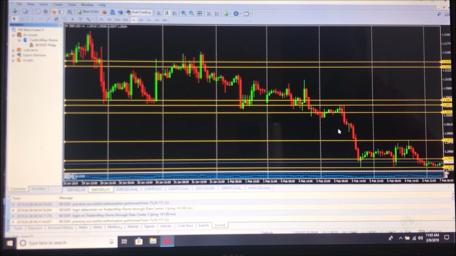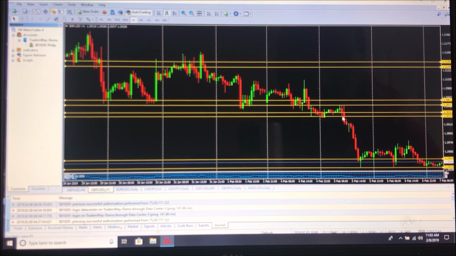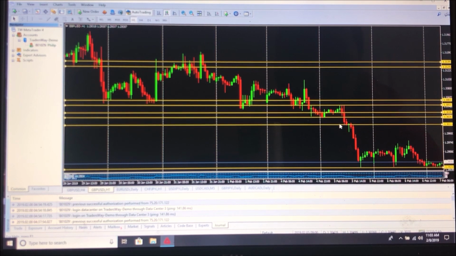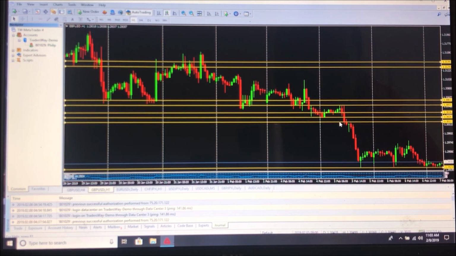All right. And then for the sell stop, it's 1.30362 is the wick. 1.30262 is the sell stop. All right. And then your take profits, 10 pips away, 1.30162. All right.